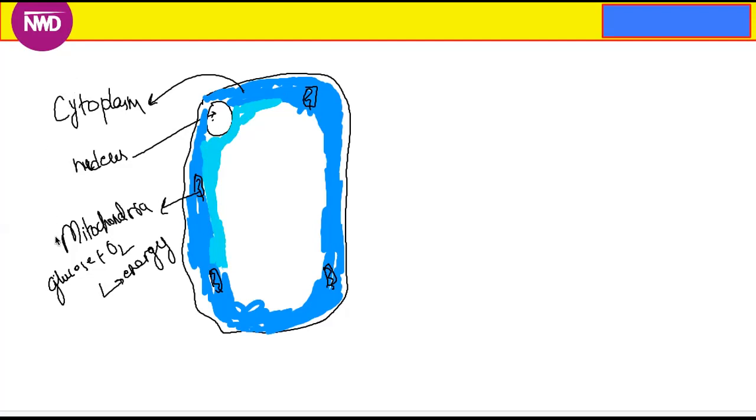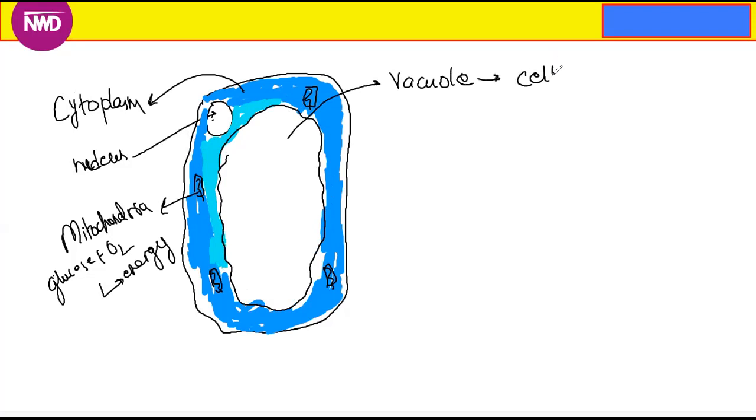In the center like this, we have seen something which is known as vacuole. Vacuole consists of cell sap. Cell sap is a solution of extra water plus sugar. That is stored here in the vacuole.